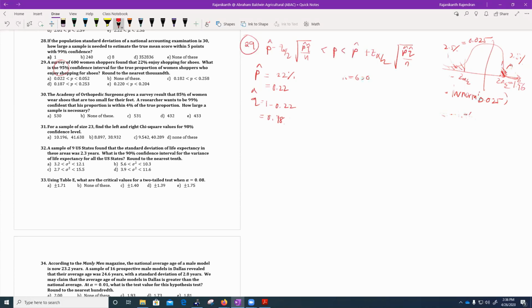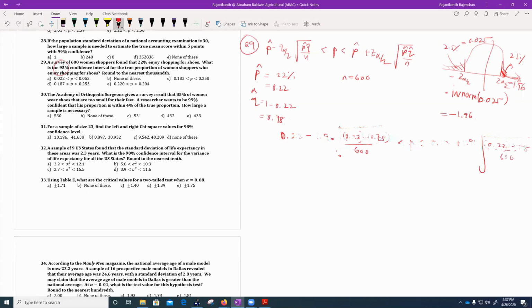If you plug in the values, you will get 0.22 minus z alpha over 2, which is 1.96, times the square root of 0.22 times 0.78 over n, where n is 600. This is my left hand point. This will be smaller than the right side, which is 0.22 plus 1.96 times the square root of 0.22 times 0.78 over 600.